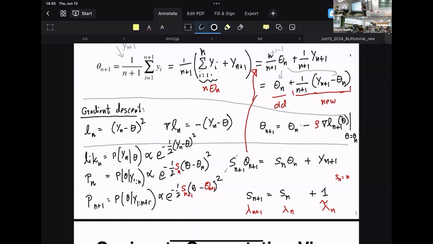So the new information is always natural gradient. It's going to be some kind of gradient, not this gradient, natural gradient. And then these guys are natural parameters. And then you can rearrange them to write them for somehow the mean of the Gaussian. So you can derive RMS prop like this, Newton's method like this, and it's all the same calculation.